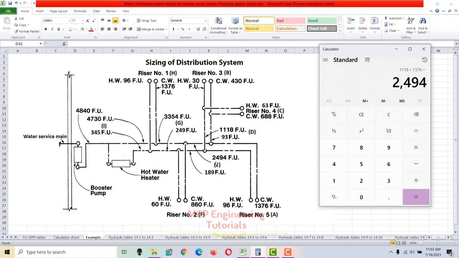So the total cold water supply fixture units at section E is 2494. We need to calculate the demand first, for 2494, in order to get the pipe size at this section, represented by E.